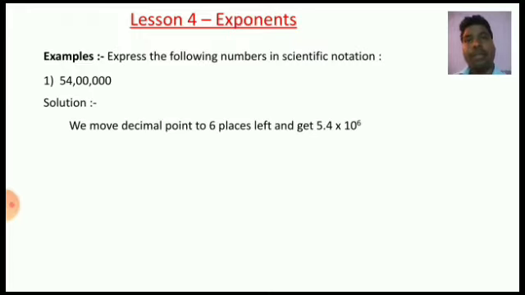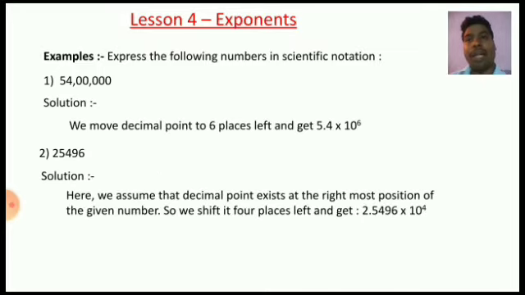The second example is 25,496. We have to express this number into scientific notation form. So how do we express this? Solution: here we assume that the decimal point exists at the rightmost position of the given number. So we have to move this decimal point to the left side.